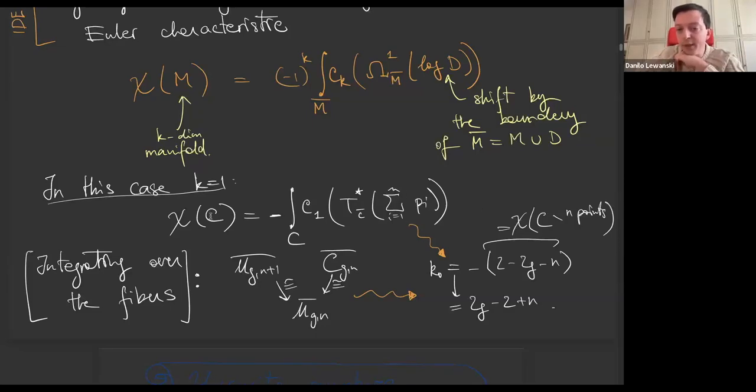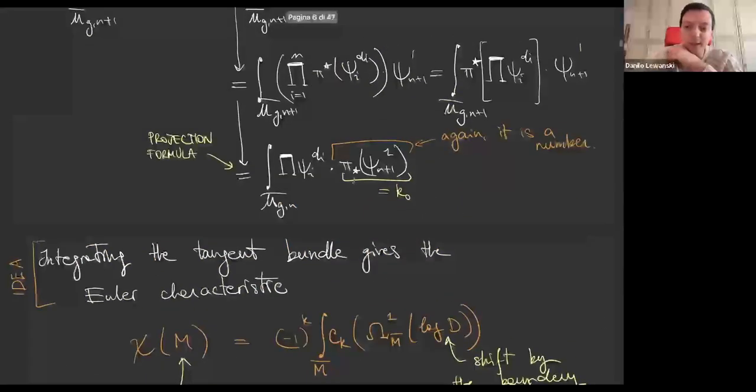So now this gives you the Euler characteristic of the curve minus n points, because this is C open, so you don't have the boundary here. The Euler characteristic of a curve of genus g is of course 2 minus 2g. But because you removed n points, it's 2 minus 2g minus n. And because of this extra minus sign, kappa 0 would be 2g minus 2 plus n, exactly as you expect.